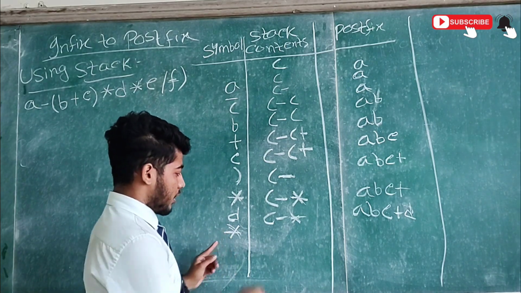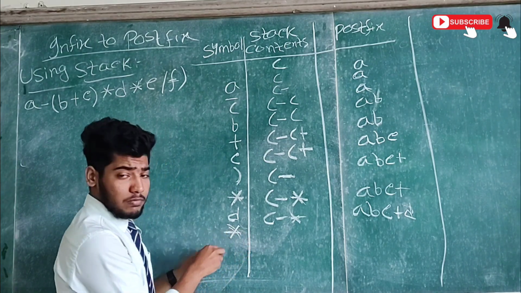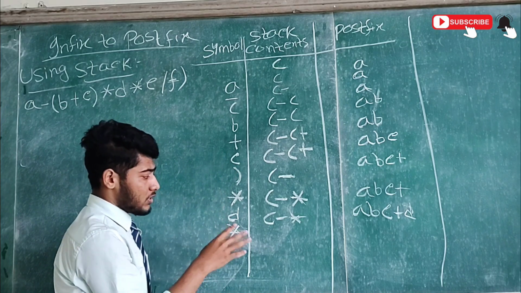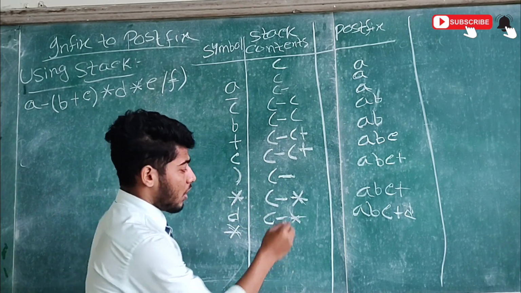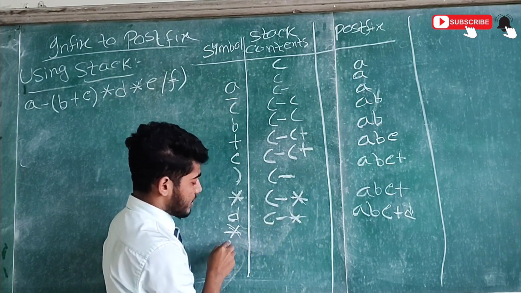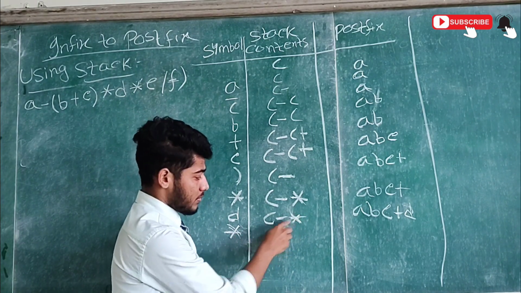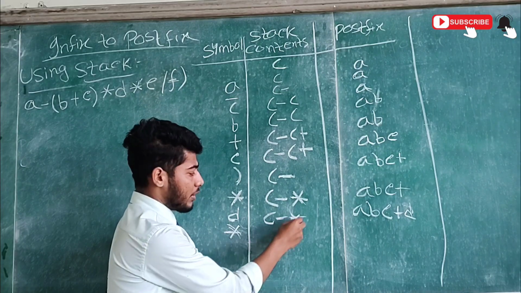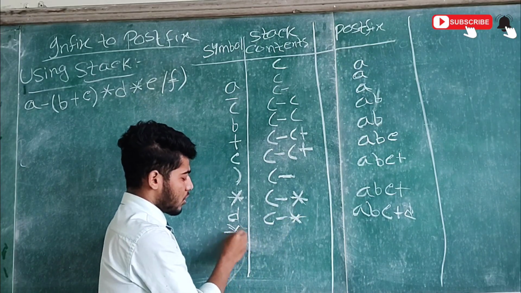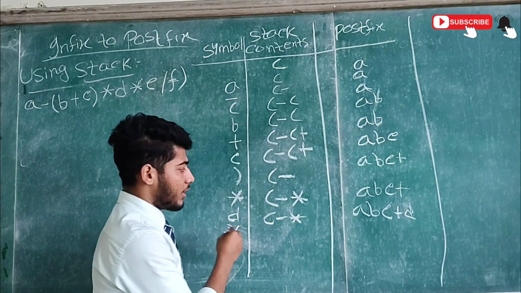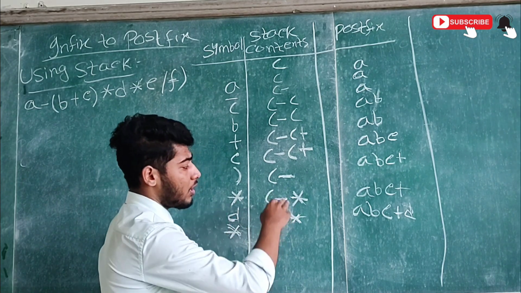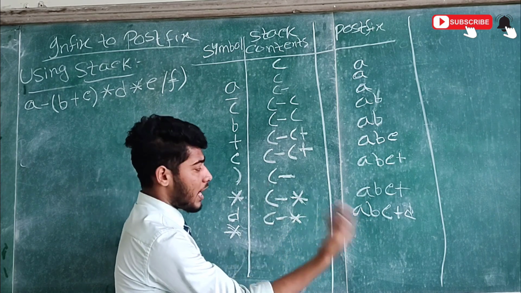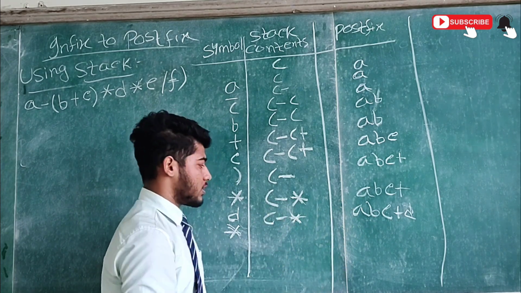Next is multiply. If the precedence of the top operator is greater than or equal to the precedence of the scanned operator, yes, the scanned symbol is multiply and the top is also multiply. So they are equal, then repeatedly pop the top operator, pop all the operators from the stack and add them to the array postfix.